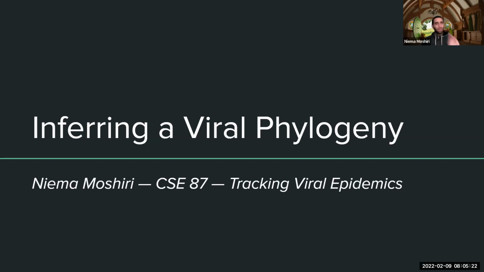And I kind of hand-wavy said, hey, this is important for doing downstream evolutionary studies. And today we're actually going to talk about that. So today the topic is inferring a viral phylogeny. Basically the input is that multiple sequence alignment that we constructed, and the output is the evolutionary history of the virus.